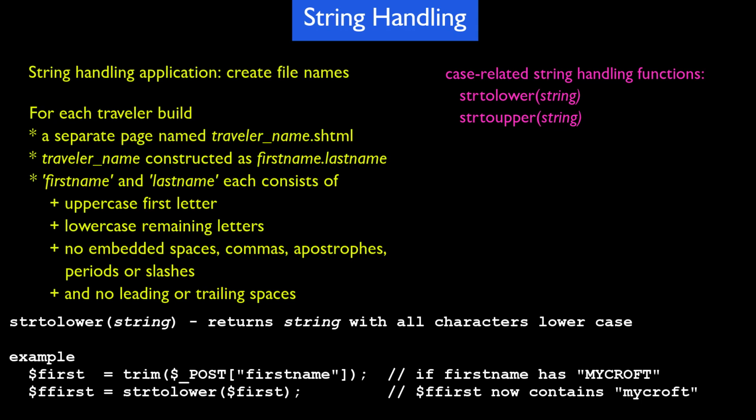Example: $first = trim($_POST["firstname"]); So if first name has Mycroft, then $first = strtolower($first), and $first will now contain mycroft, all lowercase. Note, I use $first to hold first name as entered, and $last to hold last name as entered, then $F_first and $F_last for first and last names as set up to build file names.